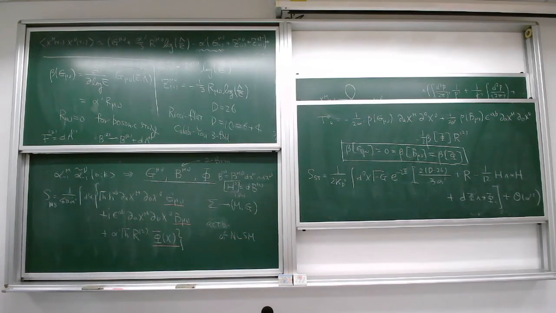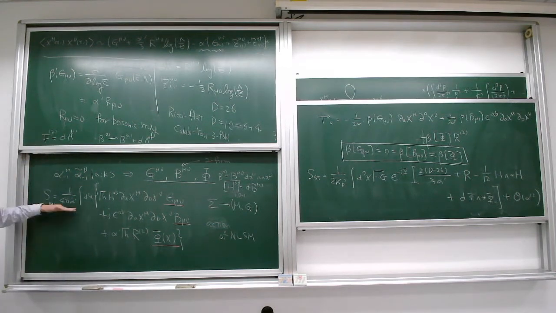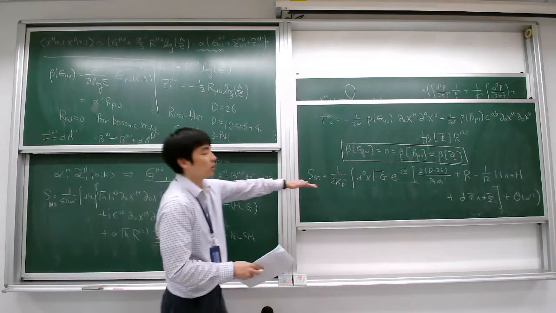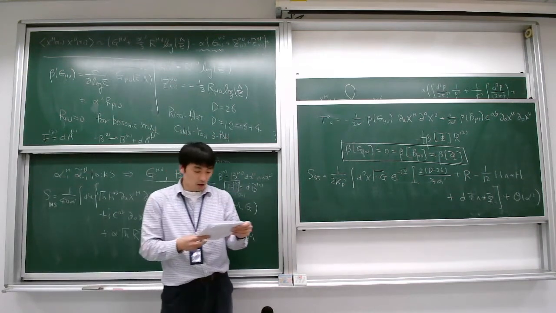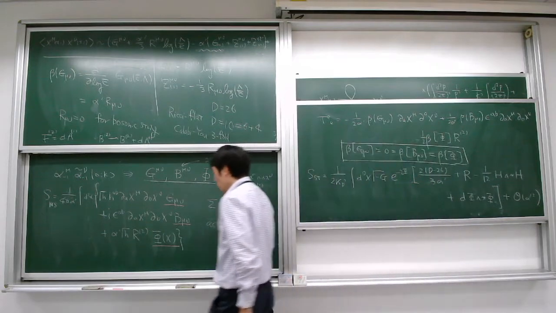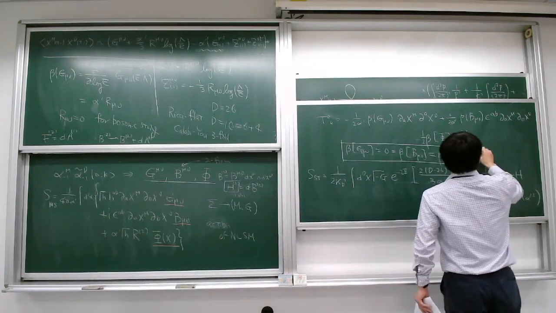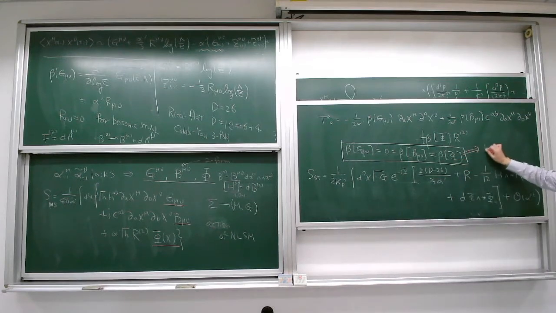You should get the same physics from this action and also this action when you quantize. And also, in the lecture note, I already wrote down the explicit expression for the beta function. For the beta function of phi to be 0, again, D has to be 26. That's the condition you get from the beta function.